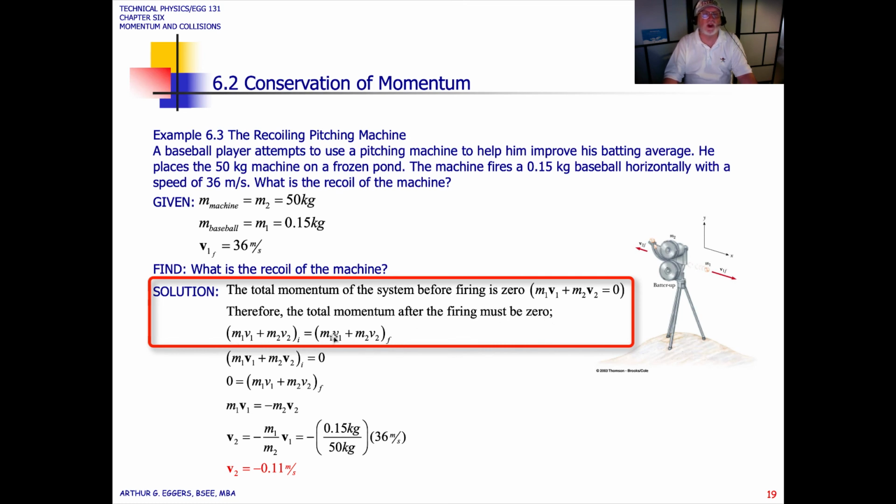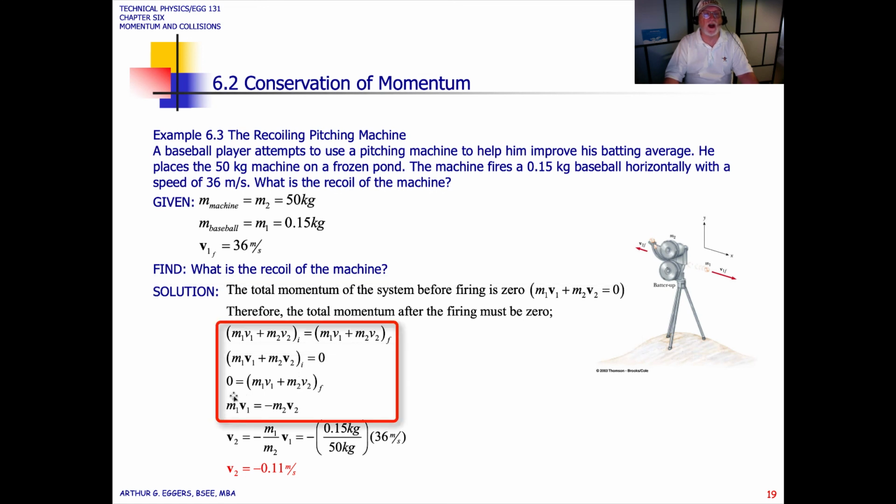So we use our basic relationship. We've got all of the mass and initial velocities on this side, and everything final on the right side. Since everything on the final side goes to 0, we can set that term equal to 0.